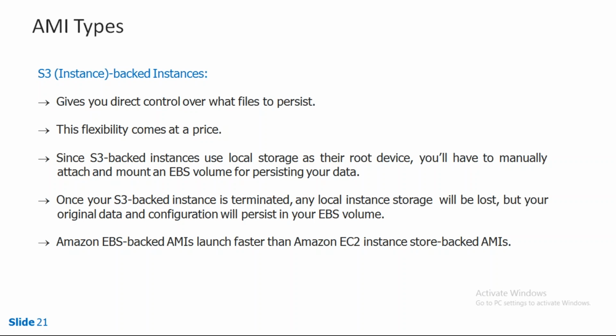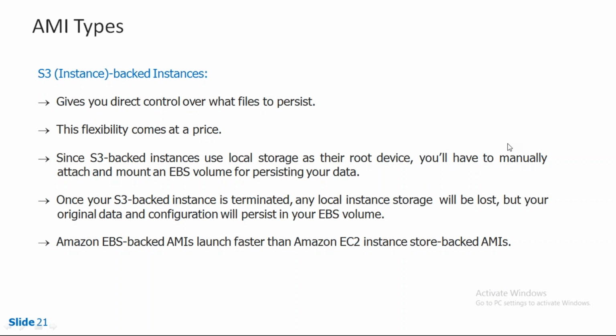When you create an instance with an EBS backed AMI, you can temporarily shut it down and then get it back whenever you want, and your data will be safe. But with an instance backed instance, your data will not be safe, because whenever you are temporarily or permanently shutting it down, your data will be erased permanently. So that's what we have to make a note of.